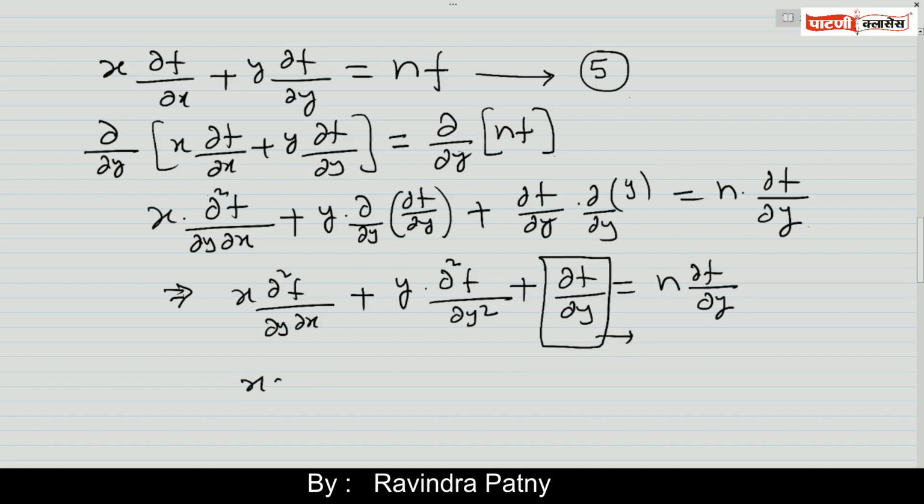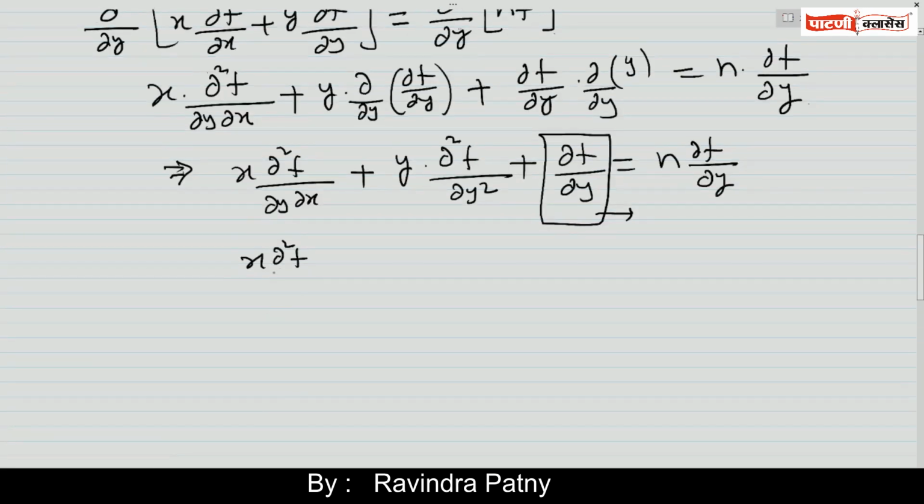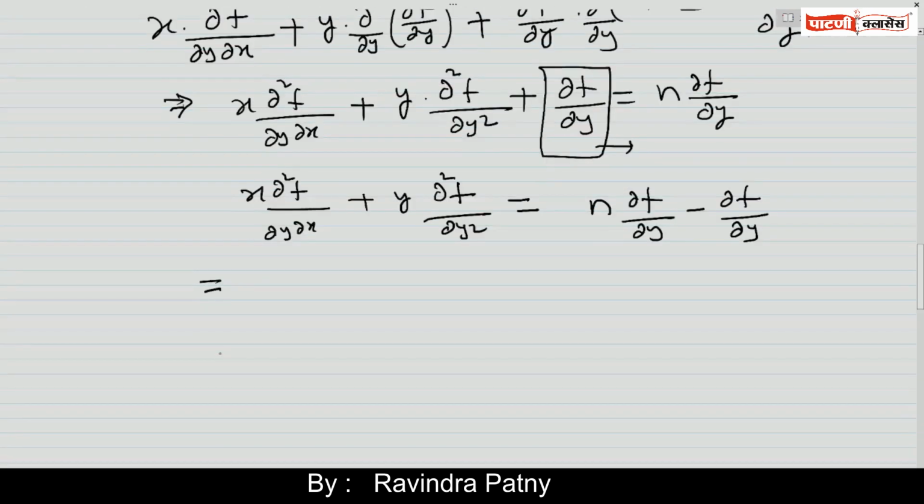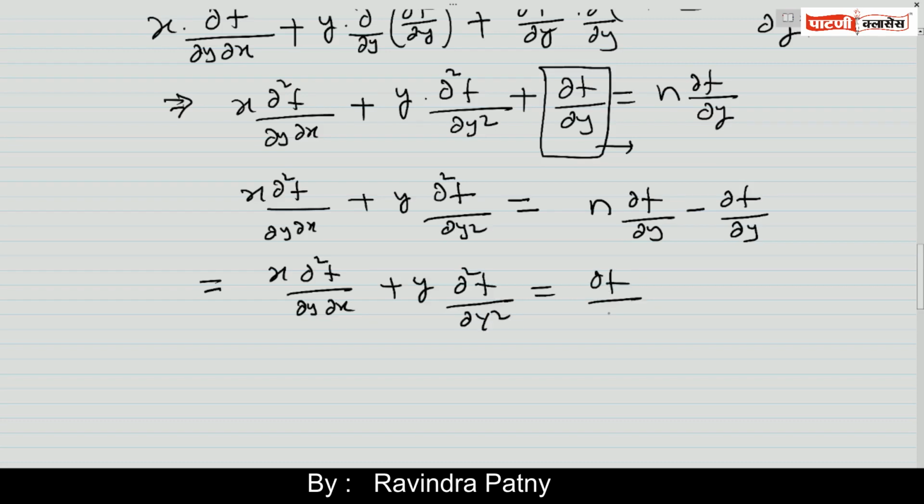So, I get here x into ∂²f/∂y∂x plus y into ∂²f/∂y² equals n into ∂f/∂y minus ∂f/∂y, equals x into ∂²f/∂y∂x plus y into ∂²f/∂y² equals, here ∂f/∂y is common, so I do get n minus 1.